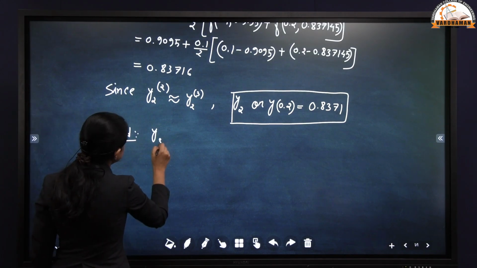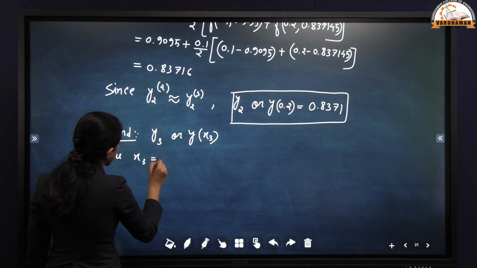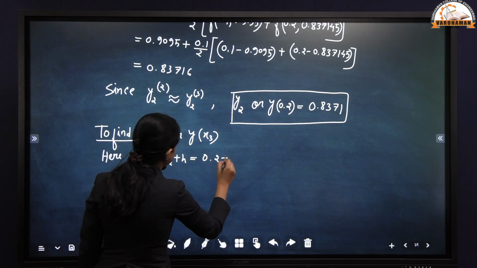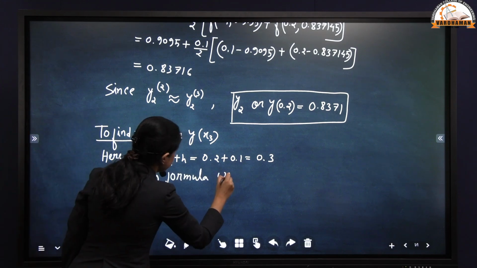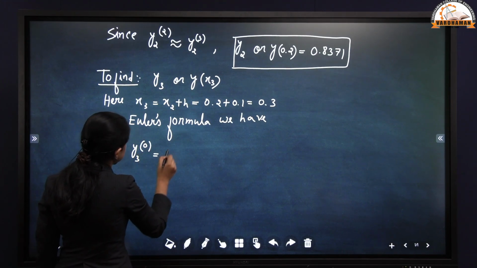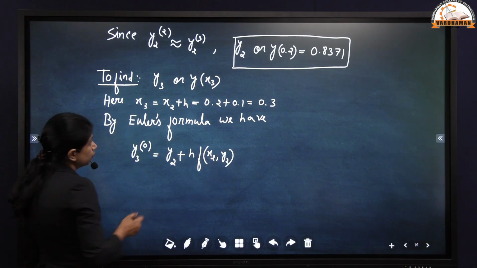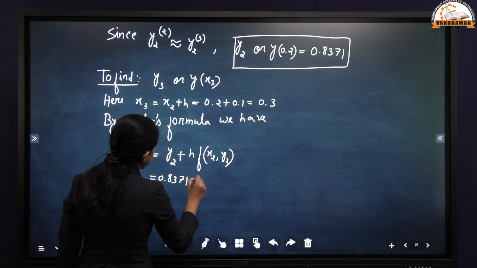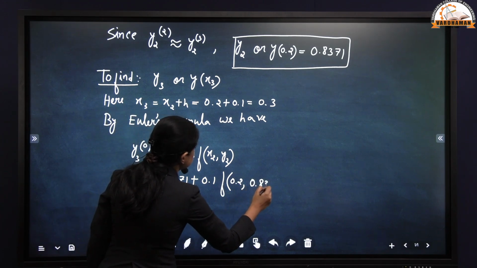To find y3 or y at x3. Here x3 is equal to x2 plus h. x2 is 0.2 plus 0.1, that is 0.3. By Euler's formula, we have y3⁰ is equal to y2 plus h into f of x2 comma y2. y2 we have as 0.8371 plus h is 0.1, f of x2 is 0.2 and y2 is 0.8371.